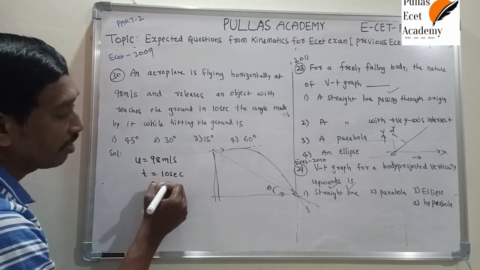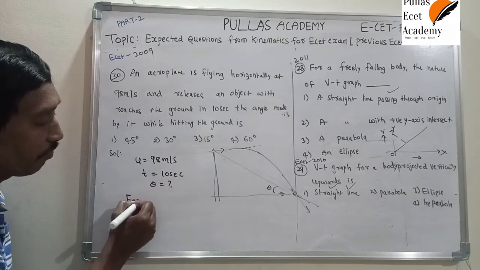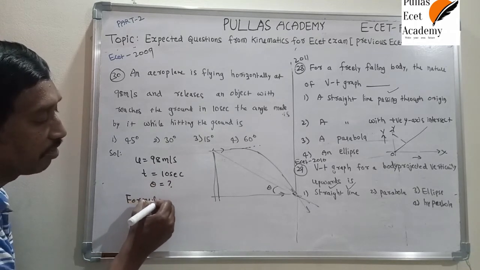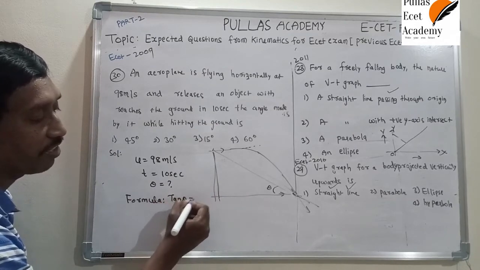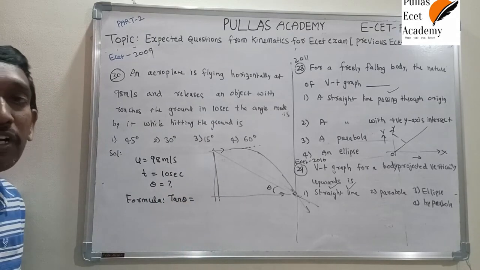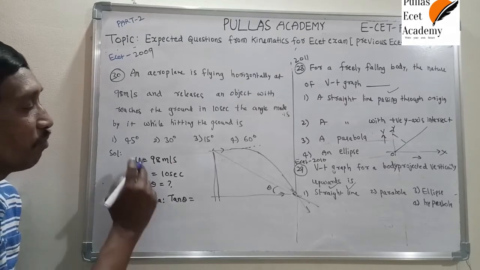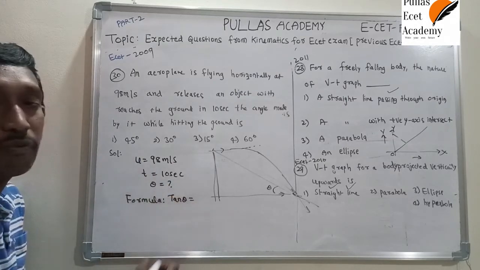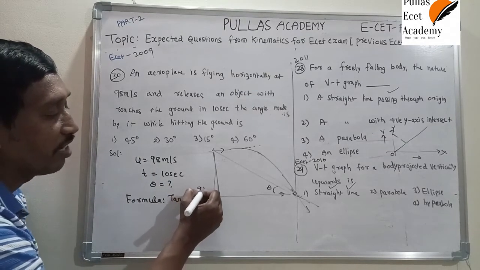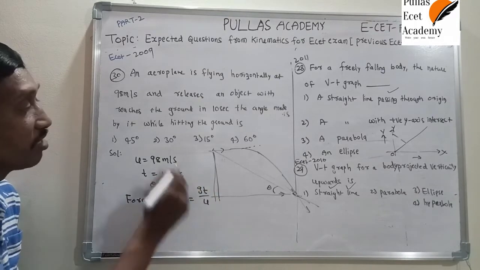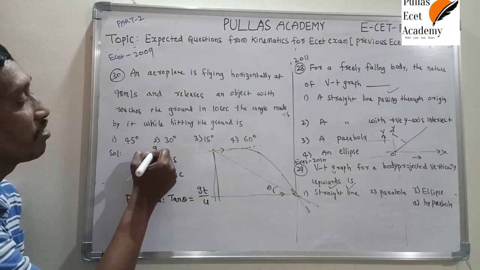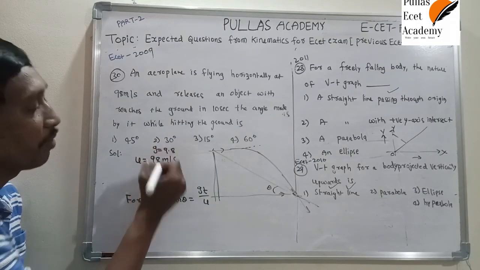We are asked for theta. The most important formula for horizontal projectile at the striking point is tan theta, which is the y component by the x component. The y component here is g t, and the x component is u, so tan theta is g t by u. G is not given because it is a known value, 9.8.